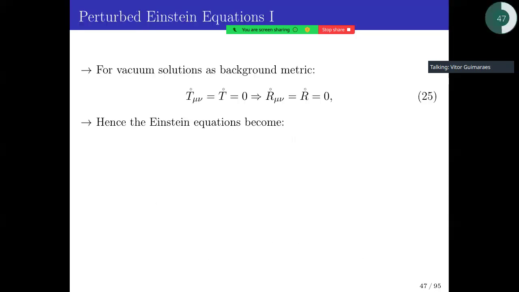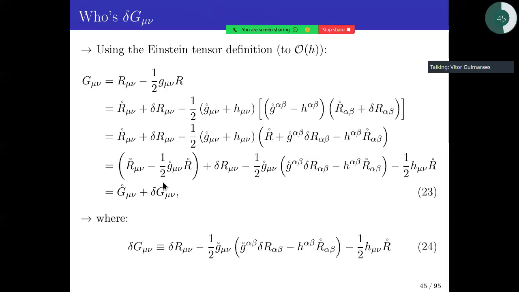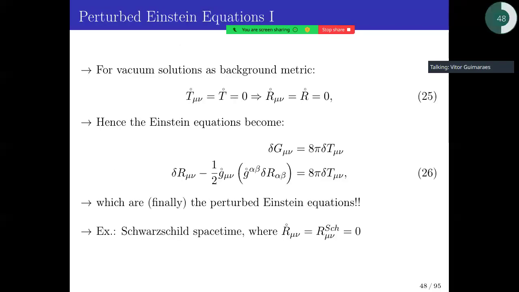But when we look into vacuum solutions, we see that our equations simplify a lot, right? Because the solutions of the background metric in vacuum go to zero, the Einstein tensor goes to zero, this goes to zero, and so on and so forth.